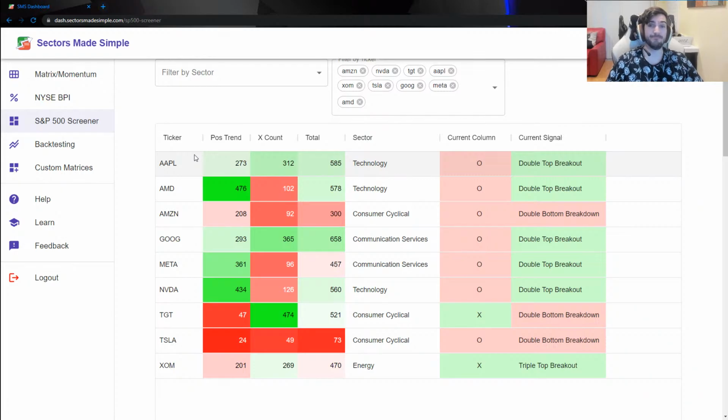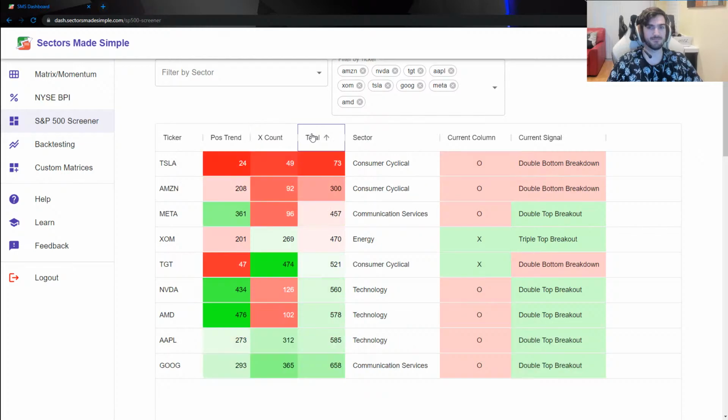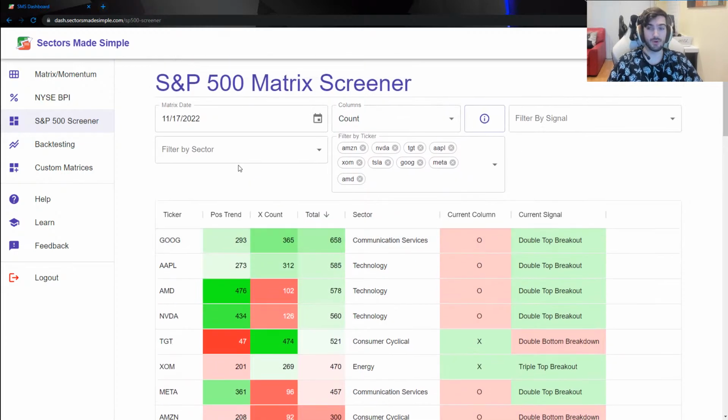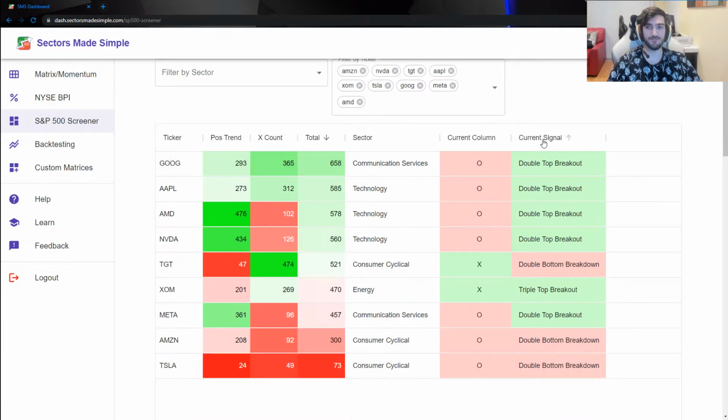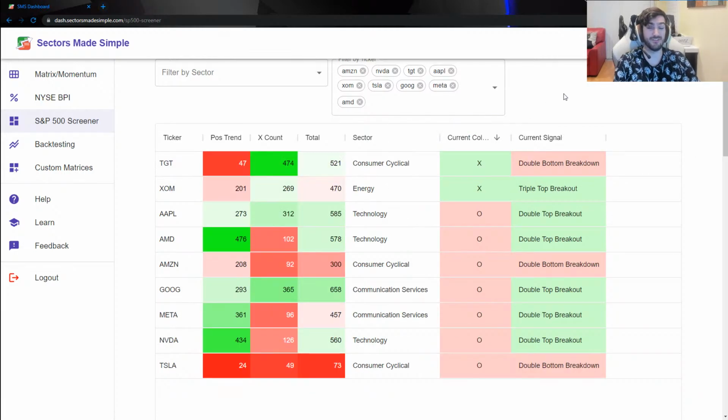Now we can sort them. Positive trend, X count, total count. If you only want to see the ones that are on buy signals, you can sort by breakout. If you only want to see the ones on columns of X's, you can sort by column.